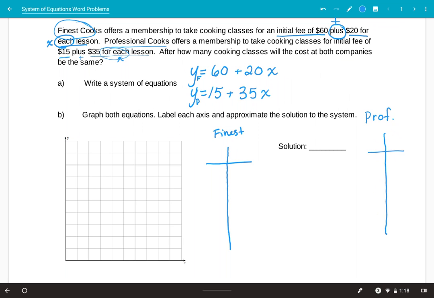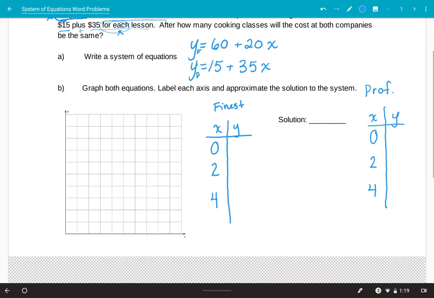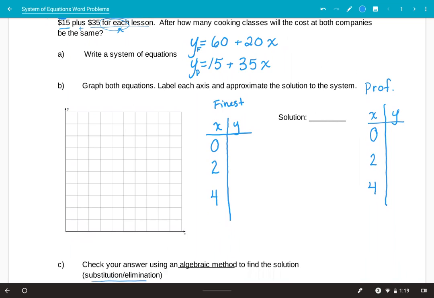Okay, so here's our X, Y, or F of X. We've done both of them. So we do want to start off at 0. And you know what? I'm going to skip some numbers, so that way we don't have to do too many. I'm going to do 0, same thing, 2 and 4. And depending on where our points are going to go, we know this one is 0.